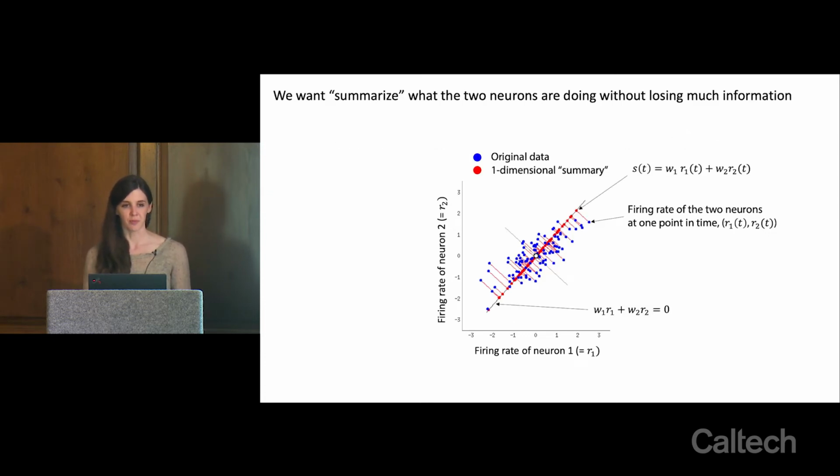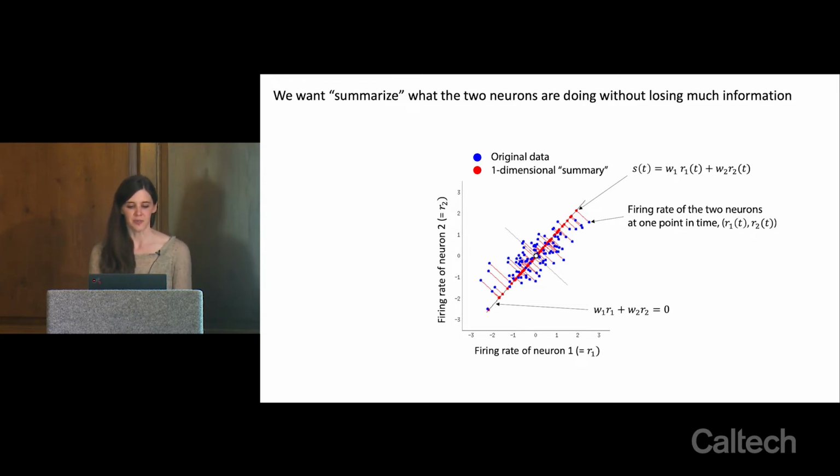When you're taking a projection of neural activity, you're again just taking a weighted sum of neural firing rates. So each of these individual trials is going to get projected down to this 1D summary. Rather than encoding this 2D signal of what neuron 1 and neuron 2 are doing, you're going to encode this 1D signal of how far you are along this potent dimension. And you're throwing out any information that's in this null dimension.